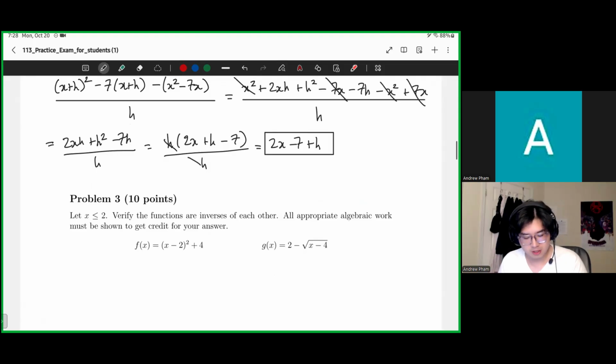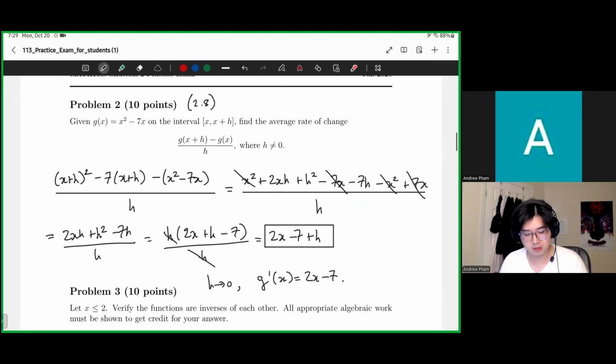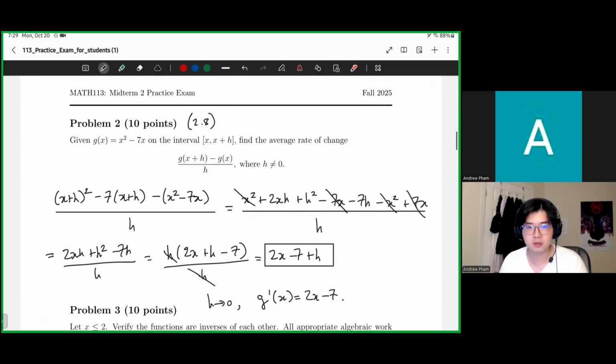Now, those of you who are familiar with calculus can make the deduction: as you send h to 0, you can assert that g prime of x is indeed 2x minus 7. The derivative of g is 2x minus 7 if g is x squared minus 7x.